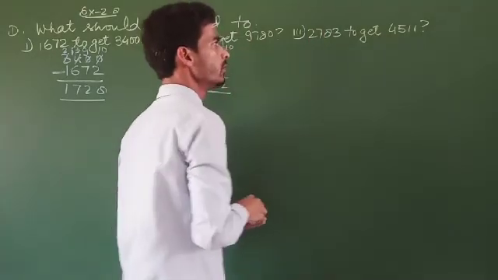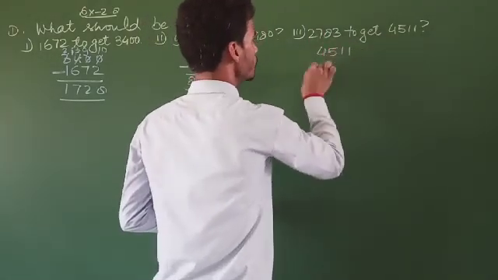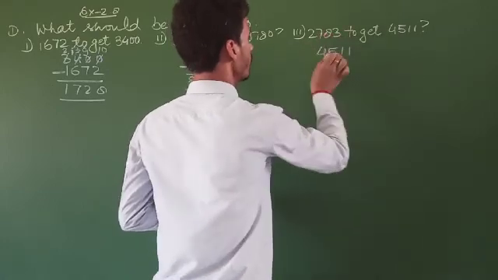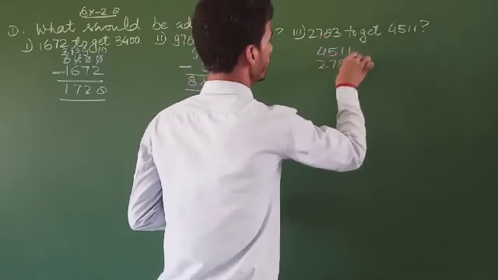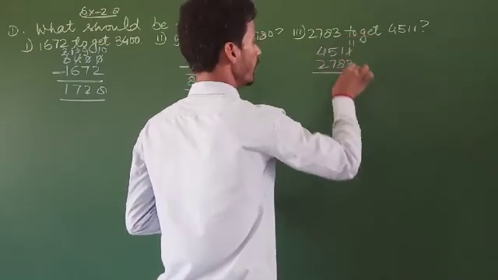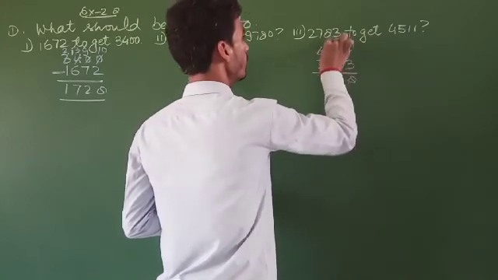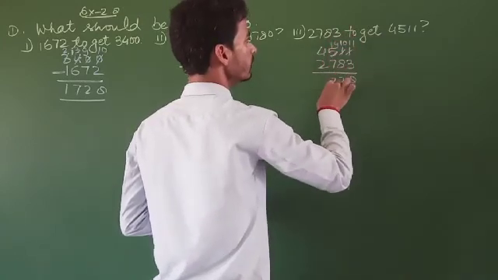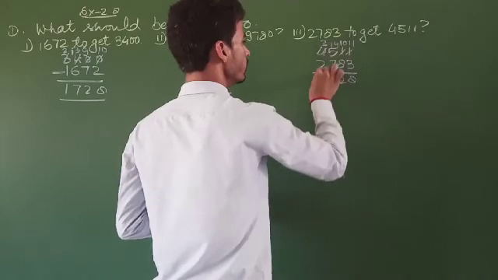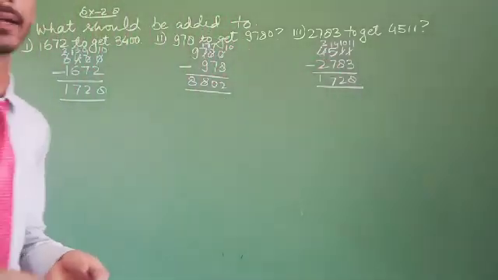So 4511 minus 2783. 11 minus 3, 8; 10 minus 8, 2; 14 minus 7, 7; and 3 minus 2, 1. That is 1728. Note it down and take the screenshot.